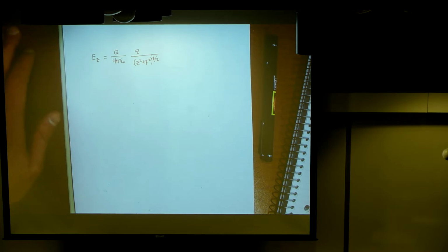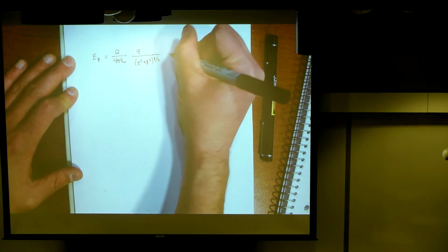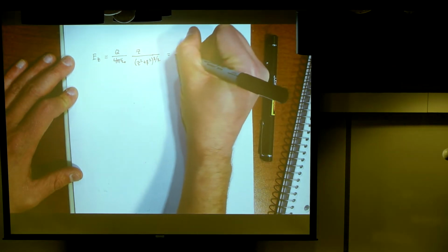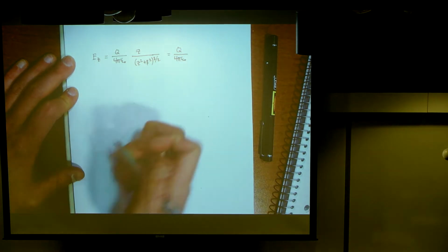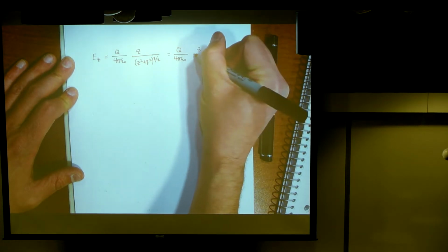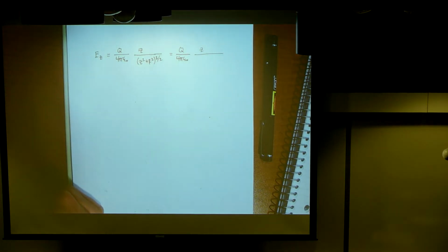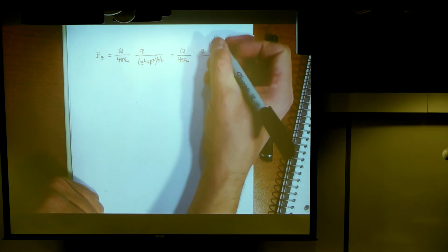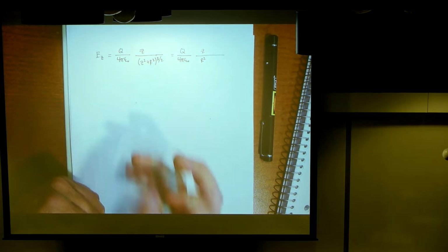Okay? So what I want to do with that formula is rewrite it in a slightly different way. Same constants up front: Q divided by 4 pi epsilon naught. And then I'll keep the z on the top, but on the bottom, we have this thing z squared plus r squared going on, right? What I'm going to do is pull out an overall factor of r squared from z squared plus r squared.